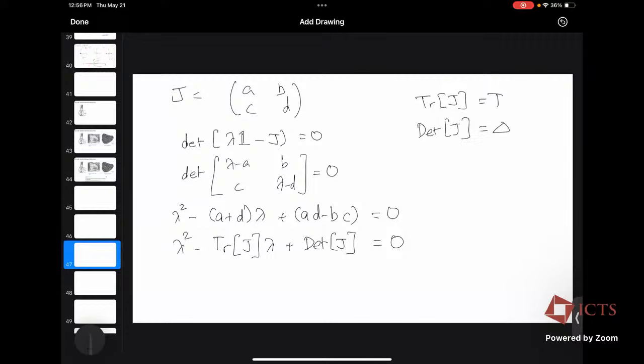Then this entire equation reduces to lambda squared minus T lambda plus delta is equal to 0. And this, of course, I can solve. It tells me that lambda is equal to T plus or minus the square root of T squared minus 4 delta, all over 2. Right?